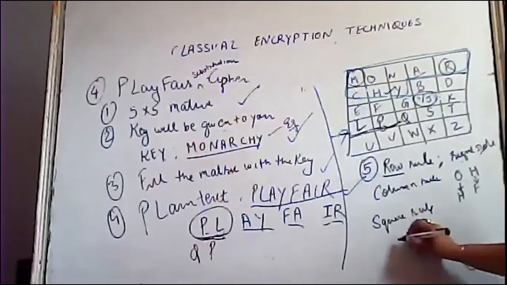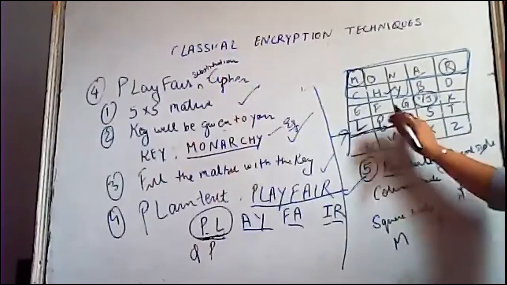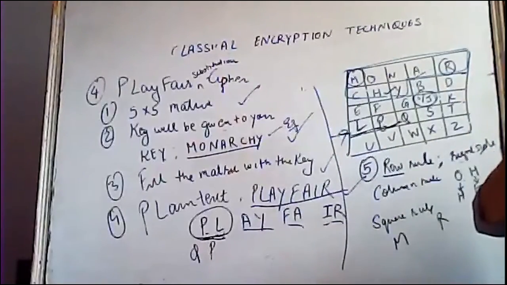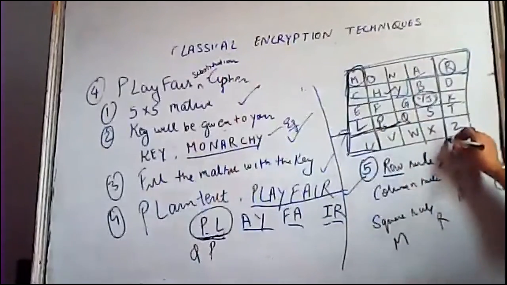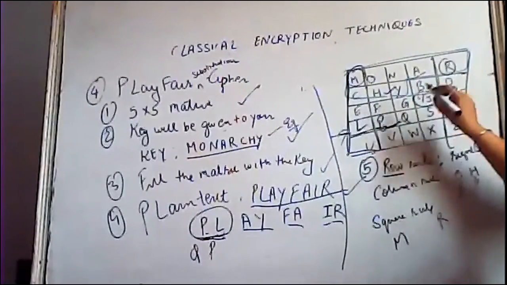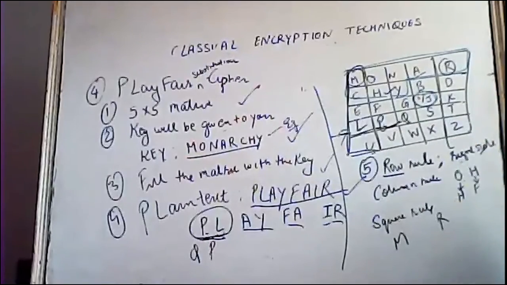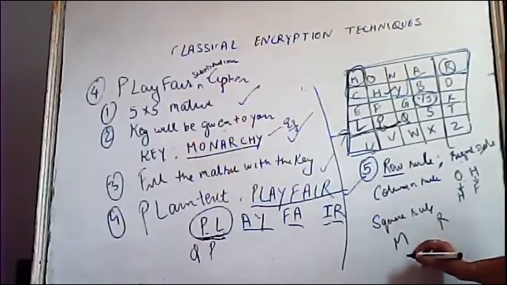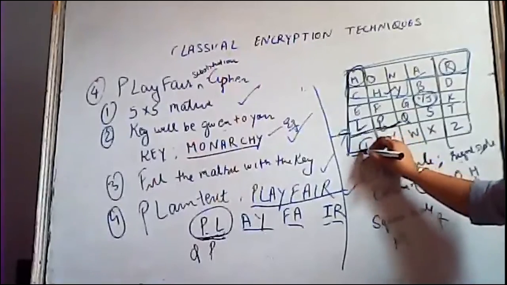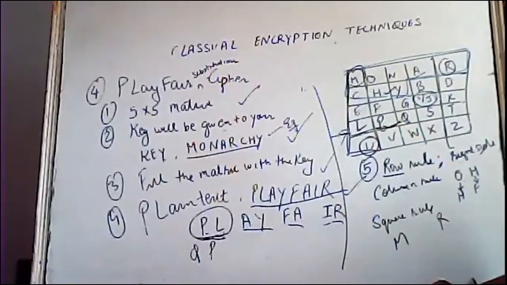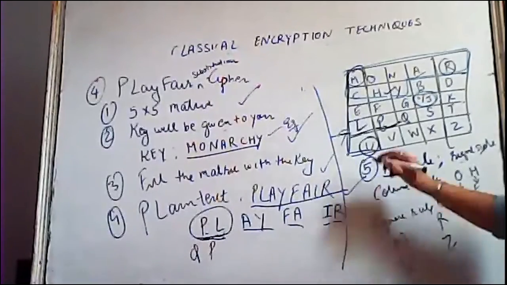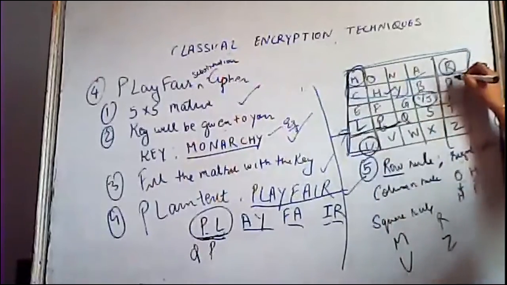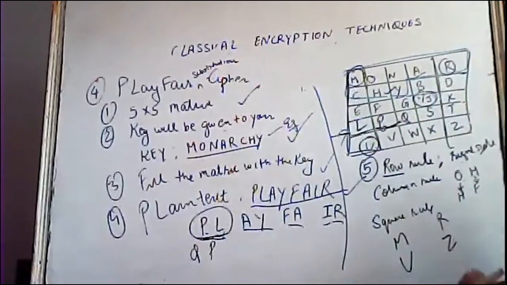Here M and R are both at the corners. Both are making a particular square over here. Okay, done with M and R. This is the corner element M, U. So if we write M R, what will we get? U and Z. This belongs to M and Z belongs to R.